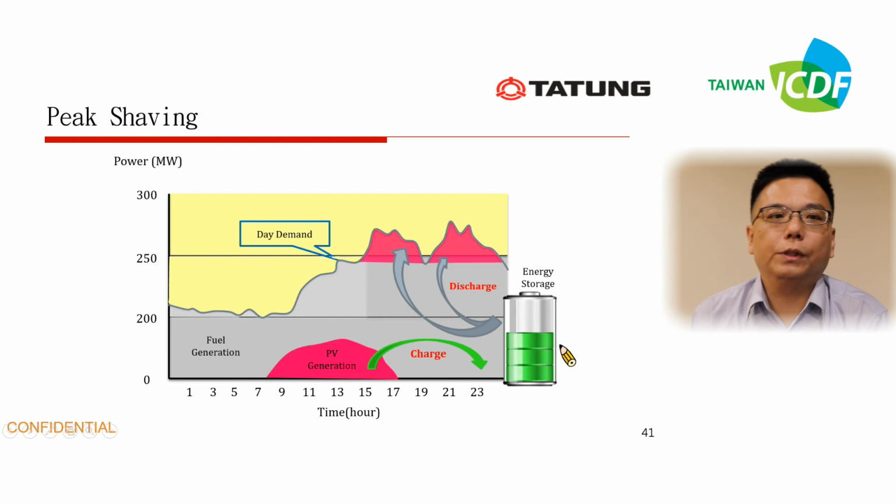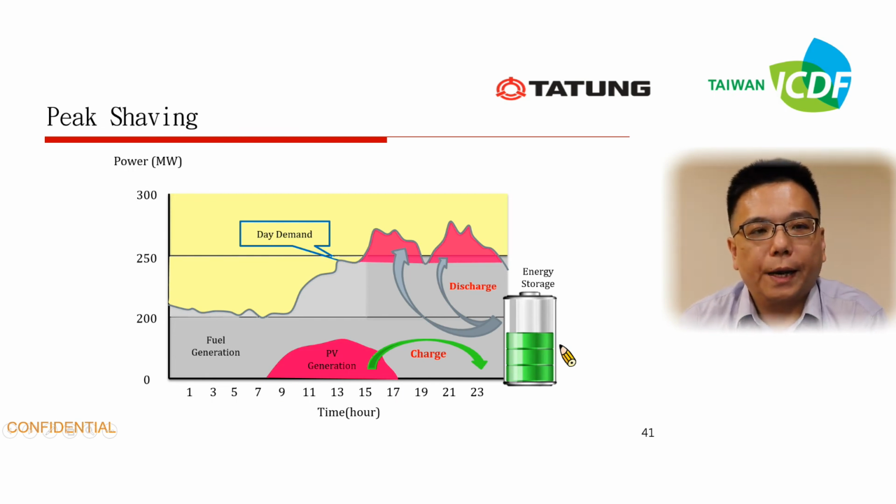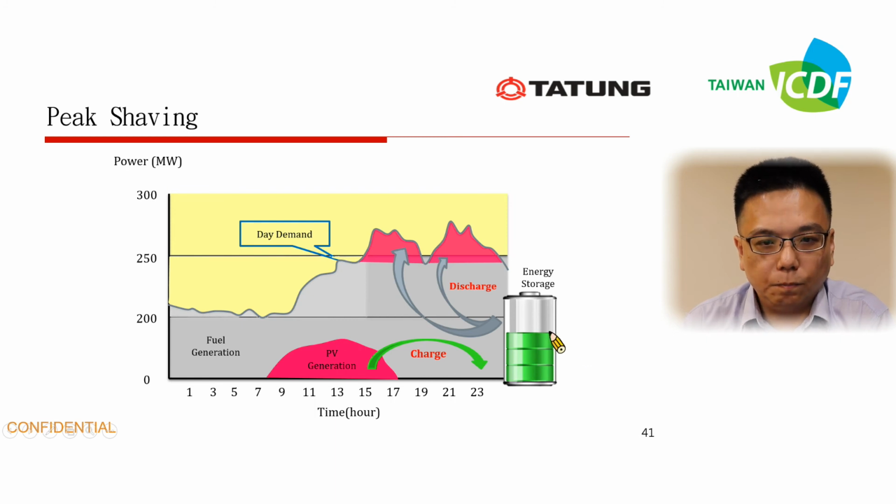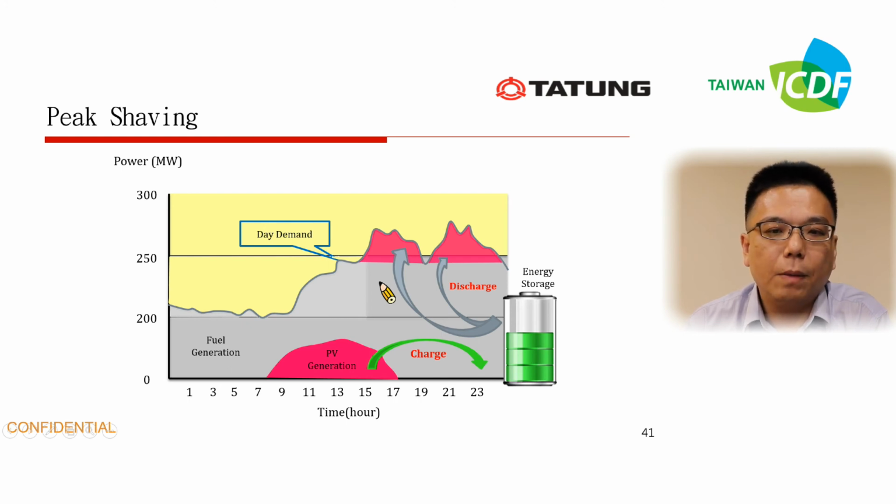And the next page is another application in the grid. We always know PV generation only happens in the daytime, but in some areas we need to use power in the nighttime, when we don't have PV power. So if we want to use PV power at night, we can integrate with the battery system.